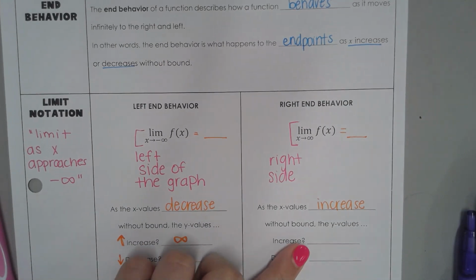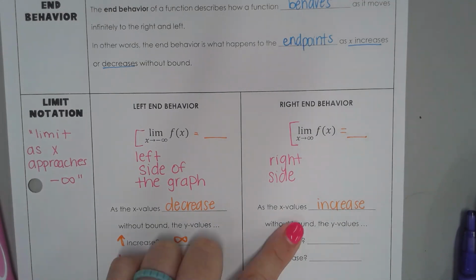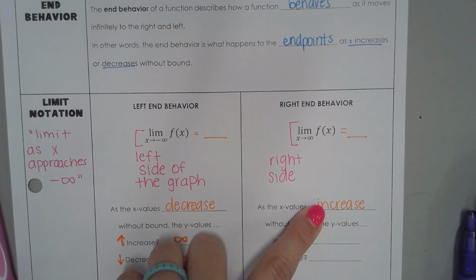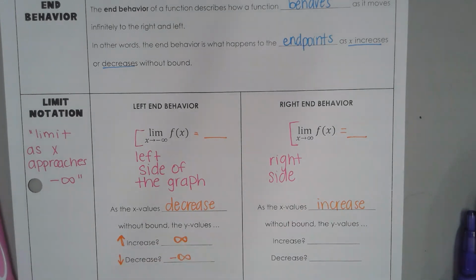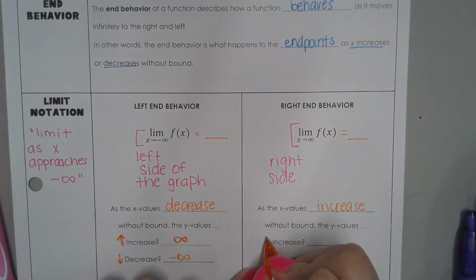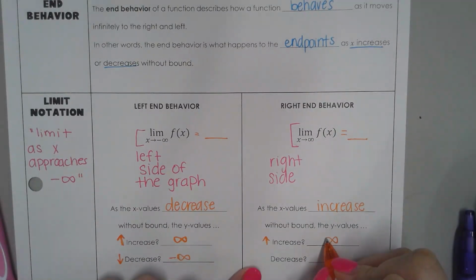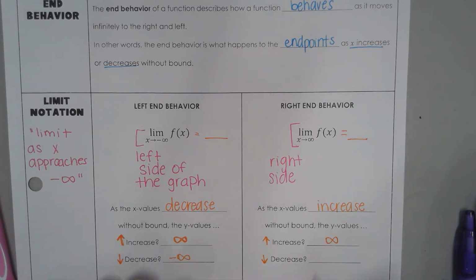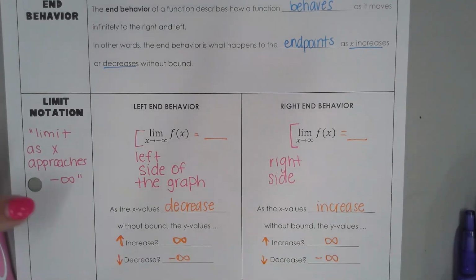We're saying this is where we stop, without bound. If they're decreasing, we put negative infinity.